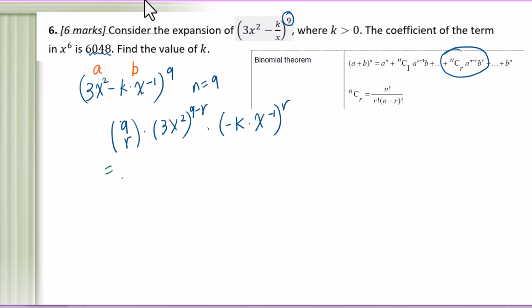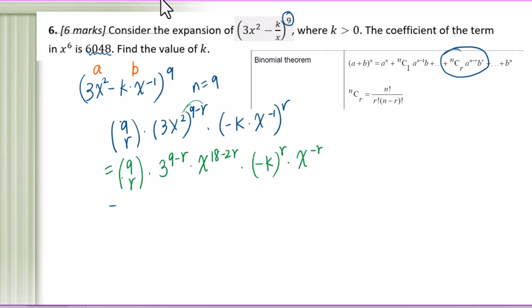Put the coefficient together: 9 choose r times 3 to the 9 minus r's power times x to the 18 minus 2r, by the distributive property, times negative k to the r's power times x to the negative r's power, equals 9 choose r times 3 to the 9 minus r's power times negative k to the r's power times x to the power 18 minus 3r, adding the exponents.